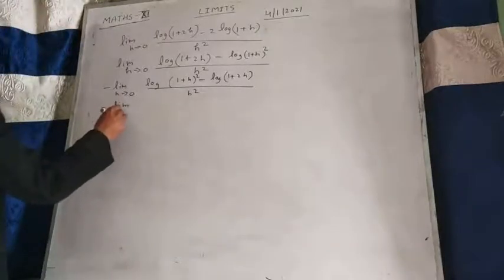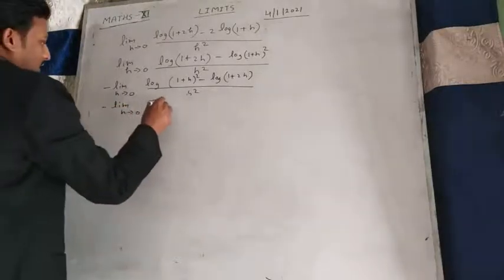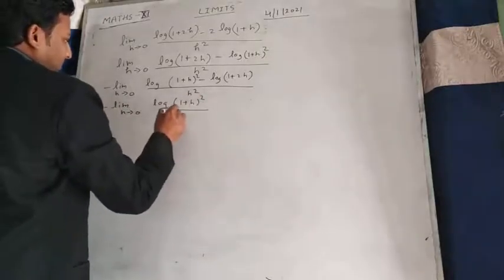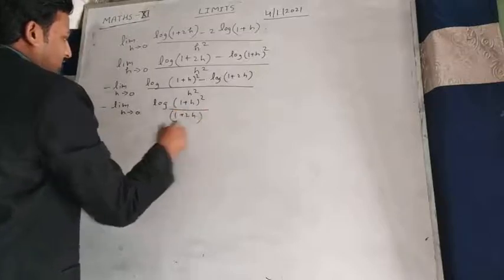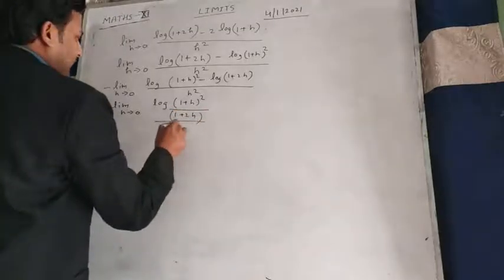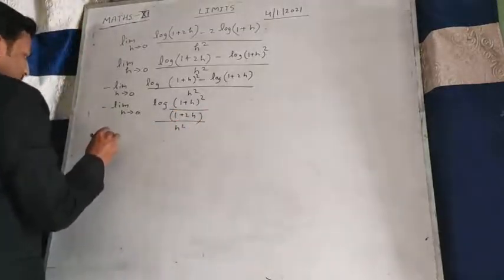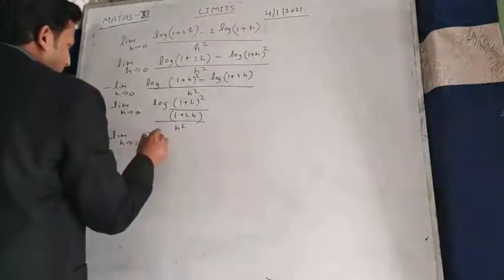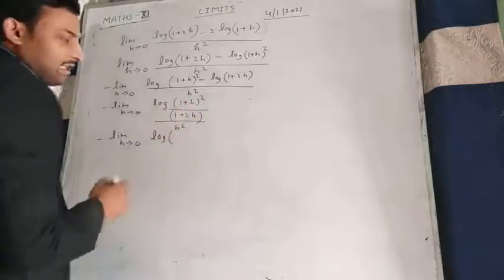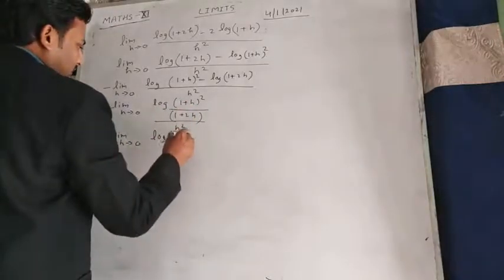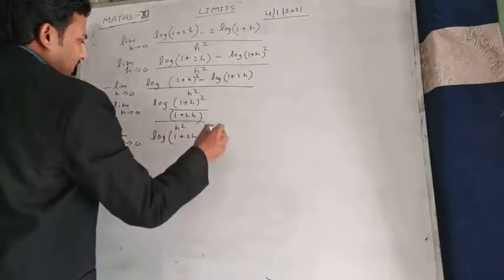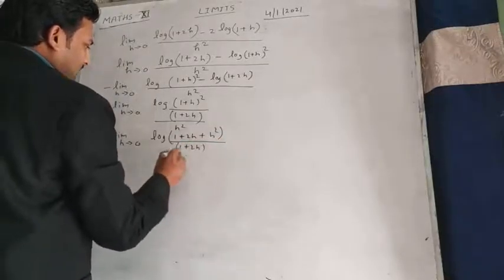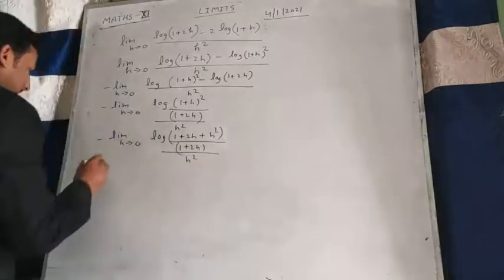So limit h tends to 0, we write log 1 plus h square by 1 plus 2h, student, and this is h square. So minus limit h tends to 0, student, this log and 1 plus h whole square we can expand, 1 plus 2h plus h square by 1 plus 2h and by h square.